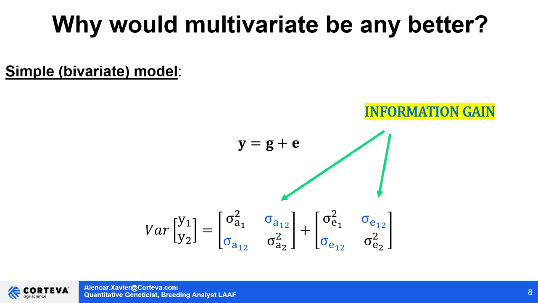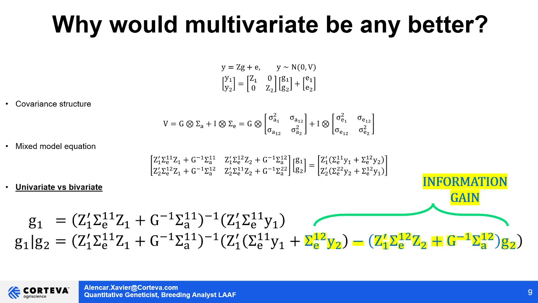Well, that looks a little high level, but I will show you in this slide that we can actually compute where this gain is coming from. From the same model shown in the previous slide, now I'm using matrix notation to showcase the same gain of information we would have using genomic information to estimate breeding values in a univariate model, here below represented by G1.